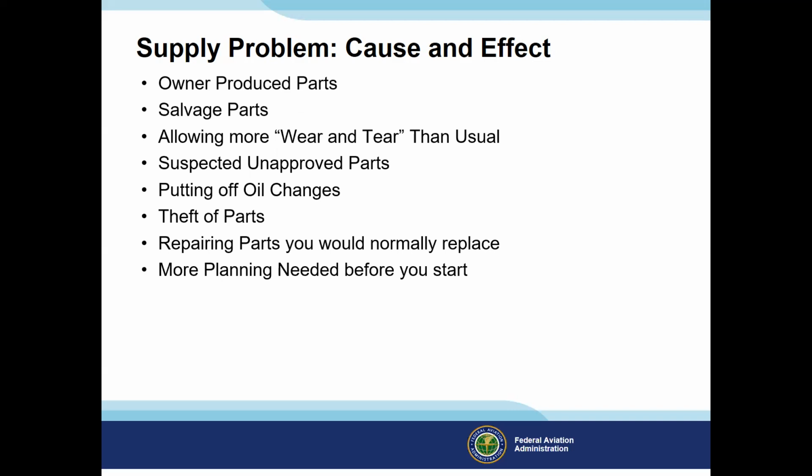Maybe, good or bad, allowing more wear and tear than you would normally allow. Suspected unapproved parts showing up in our system. Putting off oil changes. We could see an increase in the theft of parts. And maybe you're going to repair a part that you normally would replace.